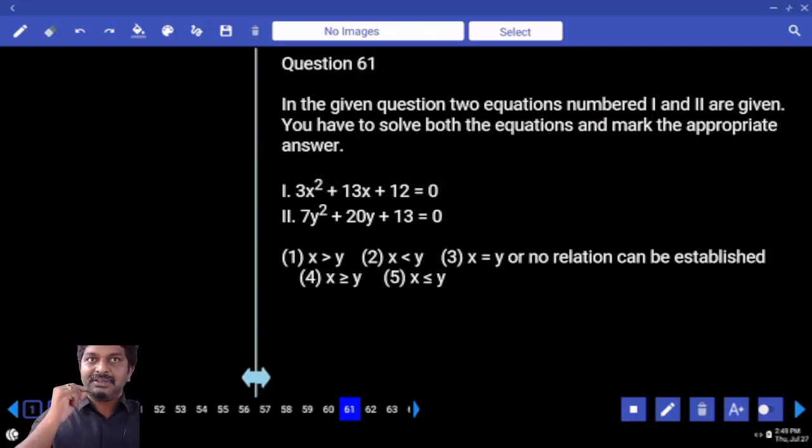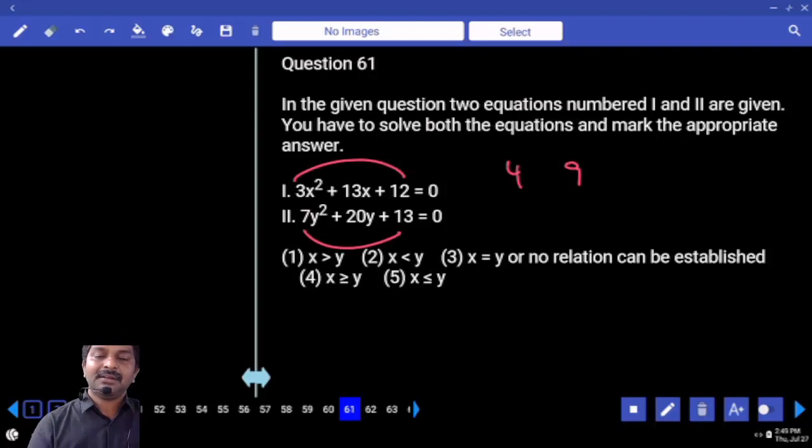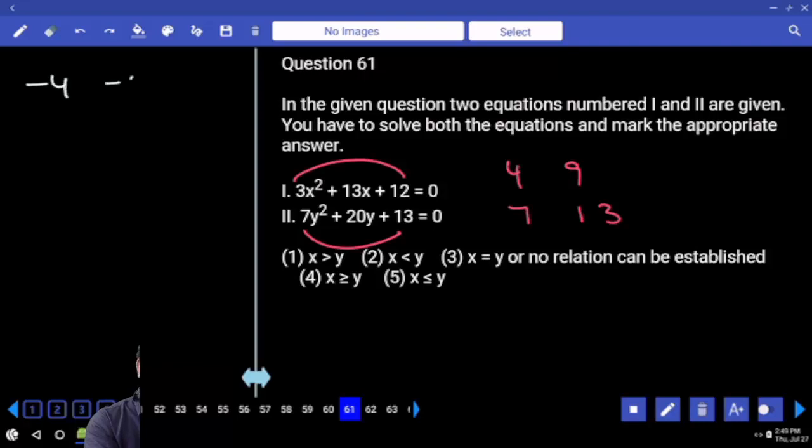Next. Do you do this? Yes. Is it a free product? 4 into 9 product. Sum is also 7 plus 13, 20, satisfied. So the combination is also 7 comma 13. So now minus 4 minus 9 divided by 3, minus 7 minus 13 divided by 7, correct?